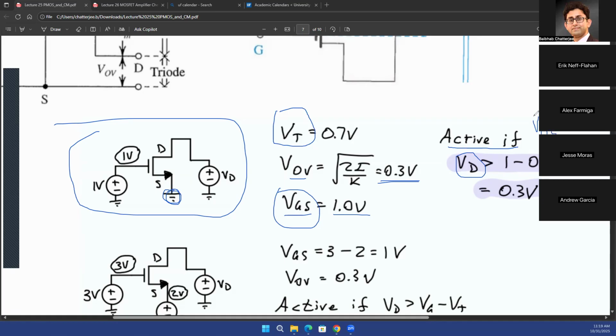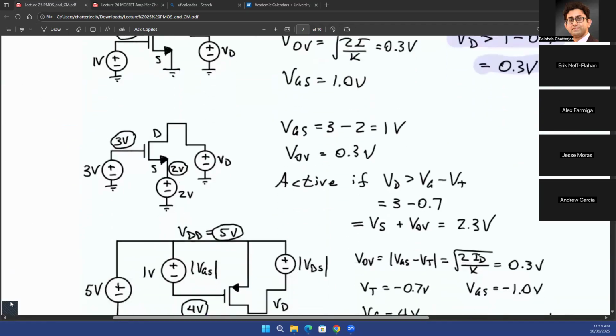So if the absolute value of VDS is greater than the absolute value of V overdrive, then you know that the transistor is in saturation. Your absolute value of V overdrive is 0.3 volt. So if your VDS is greater than 0.3 volt, or VD is greater than 0.3 volt, then your transistor will be in saturation. So that was a very simple scenario.